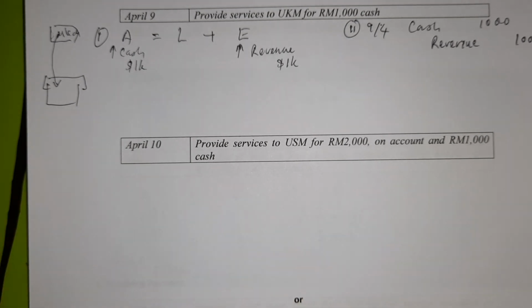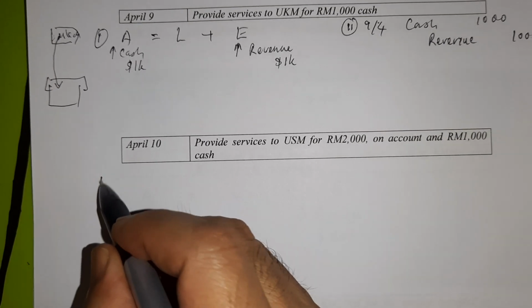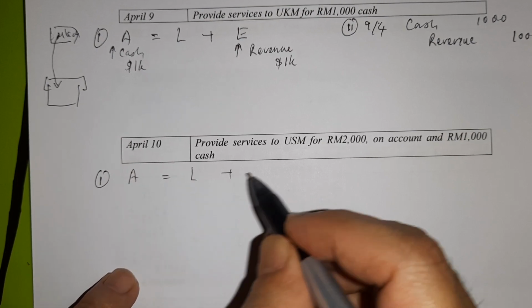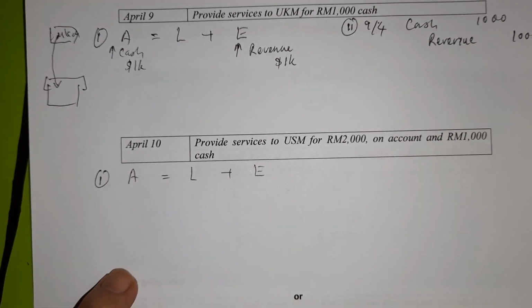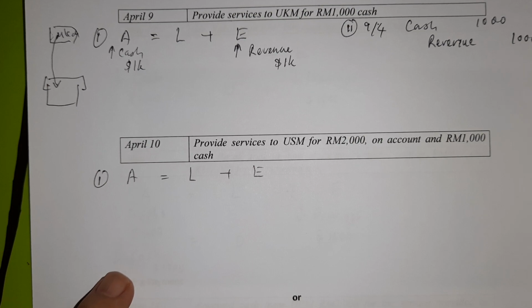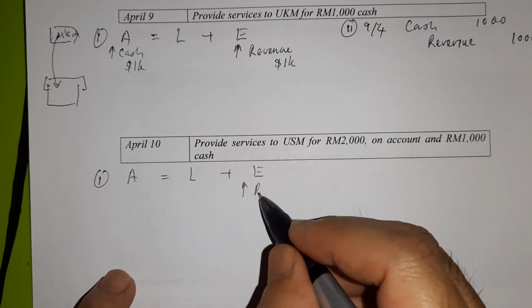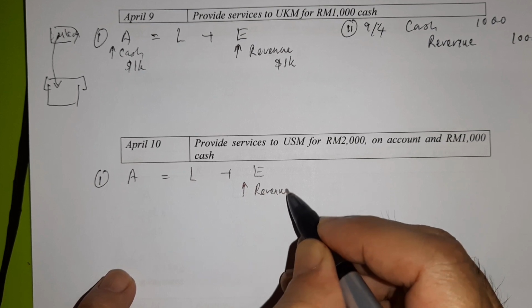What happened? Your business provides services to USM for 2,000 on account and 1,000 in cash. So what happened? This is your asset, liability plus equity. When you provide the service, you have to record the revenue. Increase in equity. The name of the account is revenue.